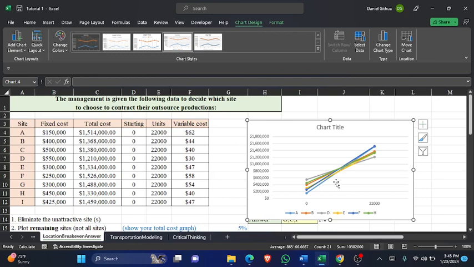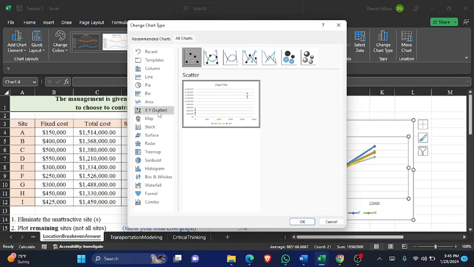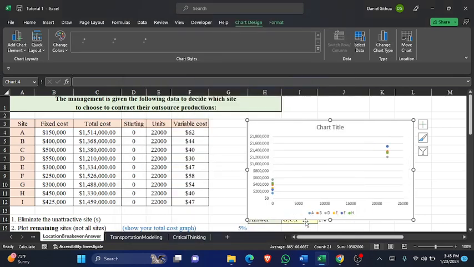Now we have to move these all to the Y. How do we move them? We click at the chart and then we change the chart type. From there we use XY scatter and click OK.